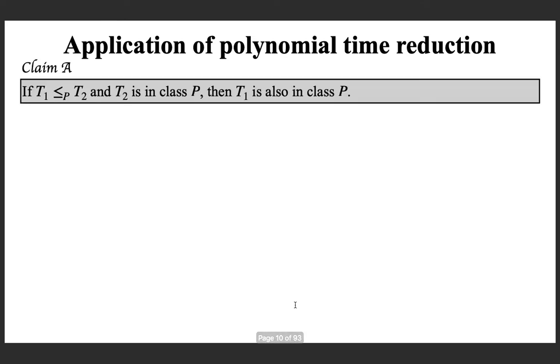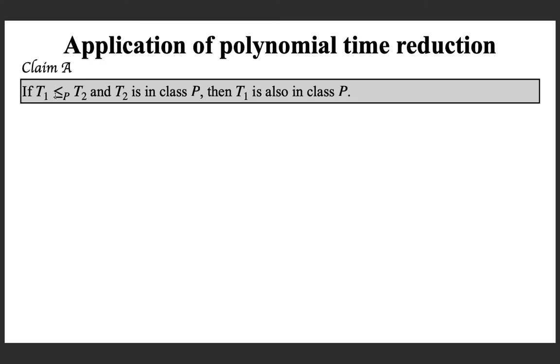Now we can see an application of polynomial time reduction in talking about the complexity class of a problem. Suppose T1 and T2 are two problems. They are named T1 and T2 because I am using P for polynomial time reduction.